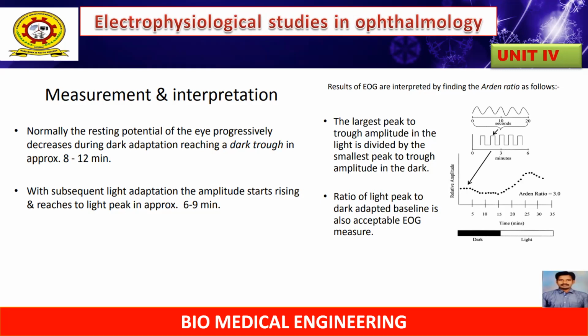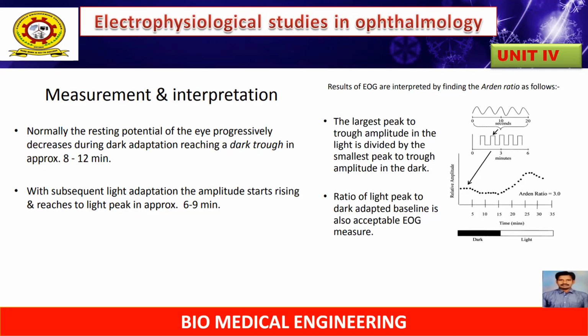As per the ophthalmology textbooks, the Arden ratio equals the maximum height of the light peak divided by the maximum height of the dark trough. What is the maximum height of the light peak in our regular electronic signals? Whatever the maximum amplitude is, that is simply considered the maximum amplitude.